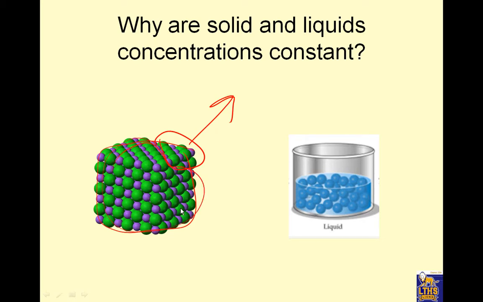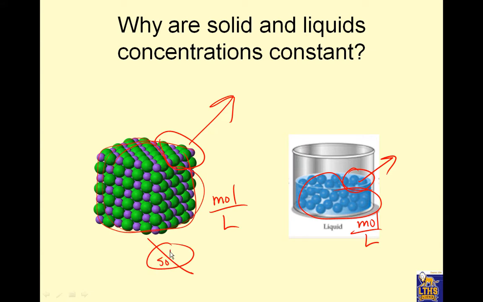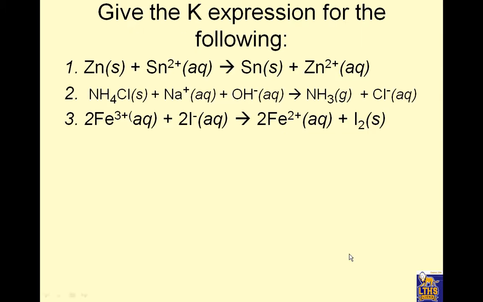Still packed together pretty tight. We still have the same number of moles per liter. Same with the liquid. Some of those turn into gas or aqueous or whatever happens to them, and you still have the concentration of moles per liter here. It doesn't change. So the concentration of solids and liquids does not belong in the equilibrium expression. No solid, no liquid, because their concentration is constant.